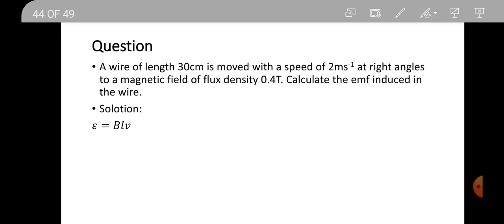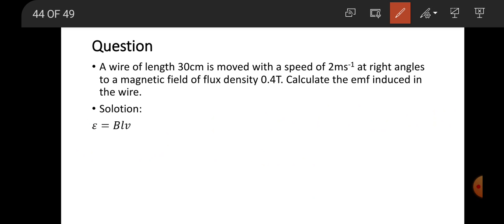Okay, now look at this. A wire of length 30 centimeters is moved with a speed of 2 meters per second at right angles to a magnetic field of flux density 0.4 T. Calculate the EMF induced in the wire. In this case now, it is not rotating, it just moves.